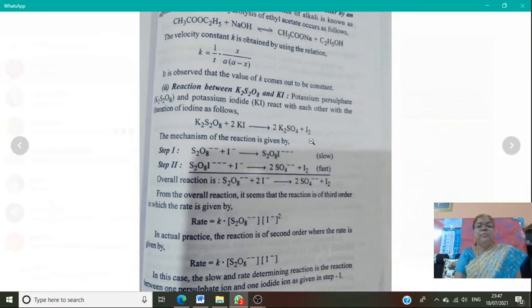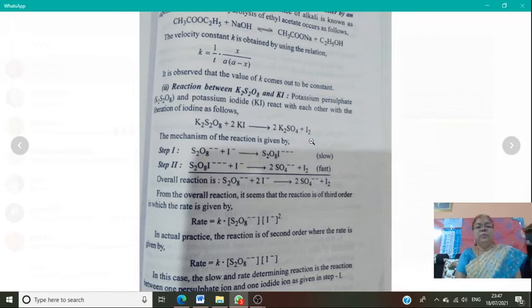From the overall reaction, it seems that this reaction is of third order, because one persulfate ion and two iodide ions react. Therefore, this reaction may be third order, but in practice, it is found that this reaction is of second order.